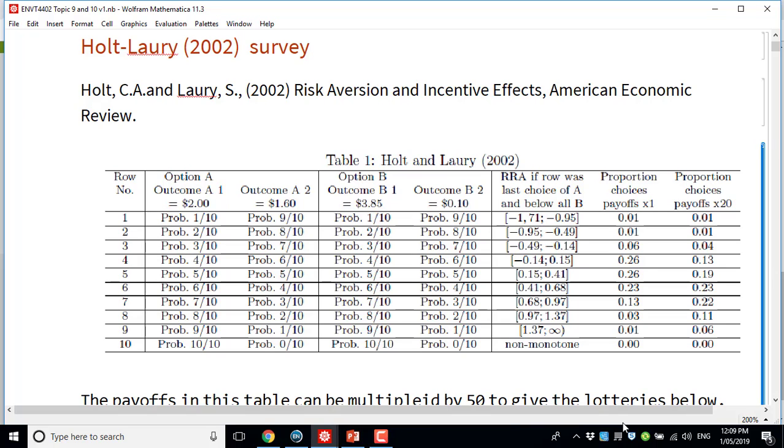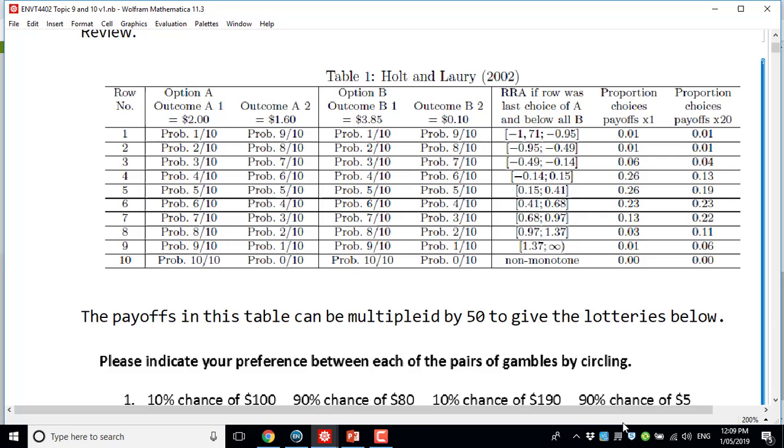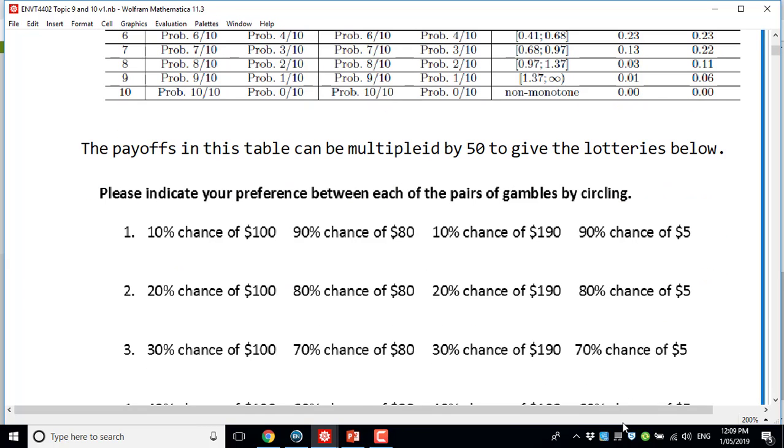One way to make it easier, if we go back and scroll down, is that we have multiplied all the numbers by 50 instead of using the original numbers that were used by the authors.